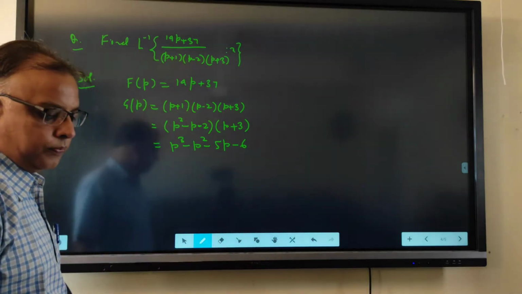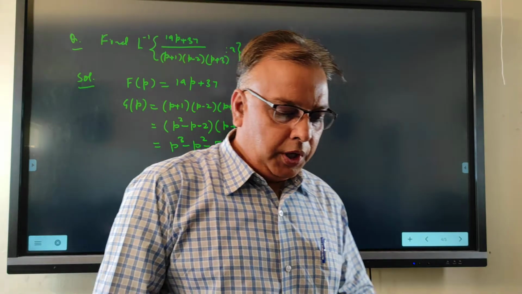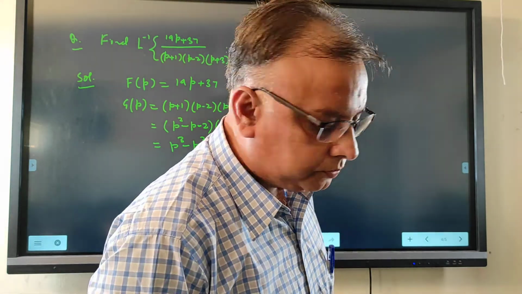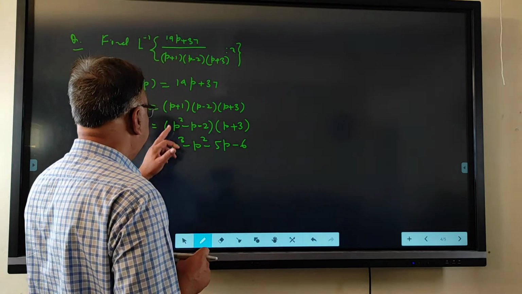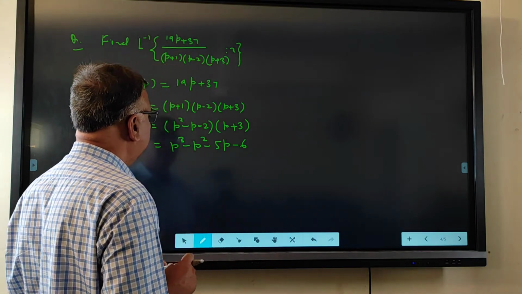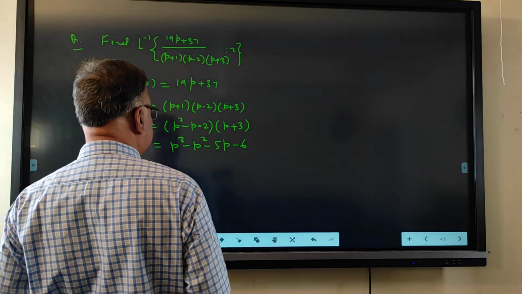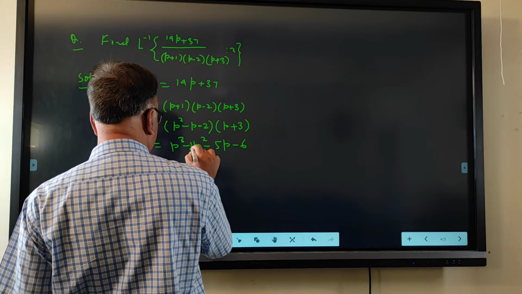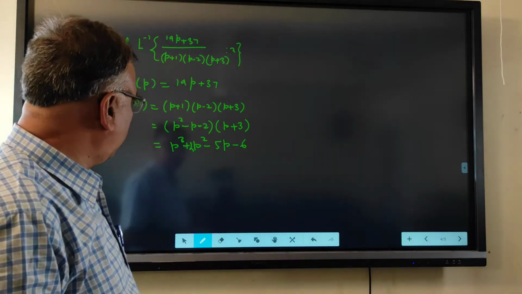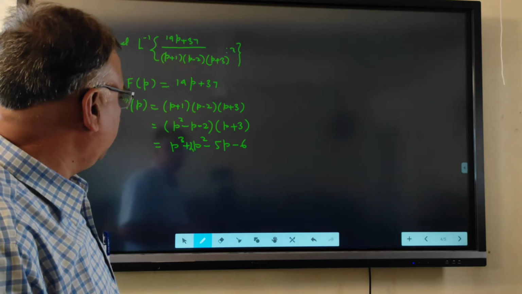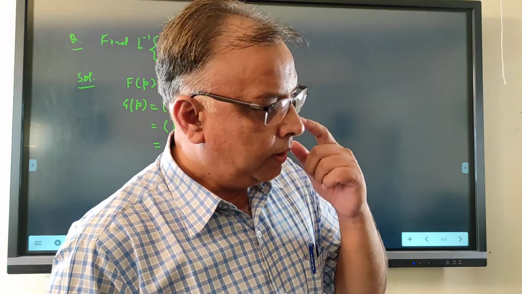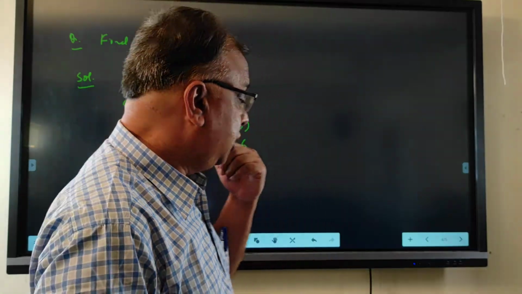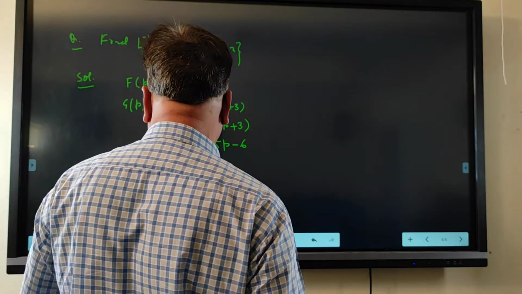That is p cube minus p square plus 3p square, that is 2p square minus 5p minus 6. We find G(p) in this form.